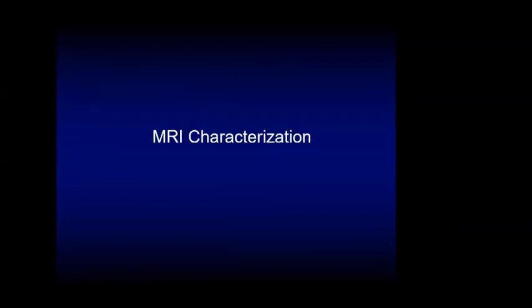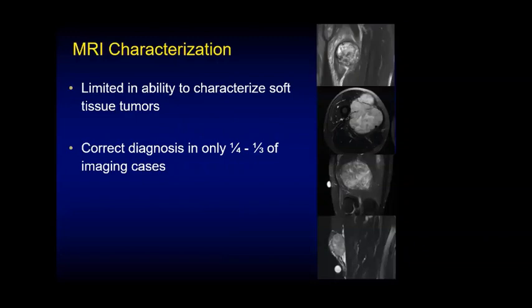So now we're going to move on to MRI characterization, which is basically talking about how we can use the MRI scan to characterize soft tissue tumors. What I mean by characterization is: can an MRI scan distinguish between benign and malignant soft tissue tumors?